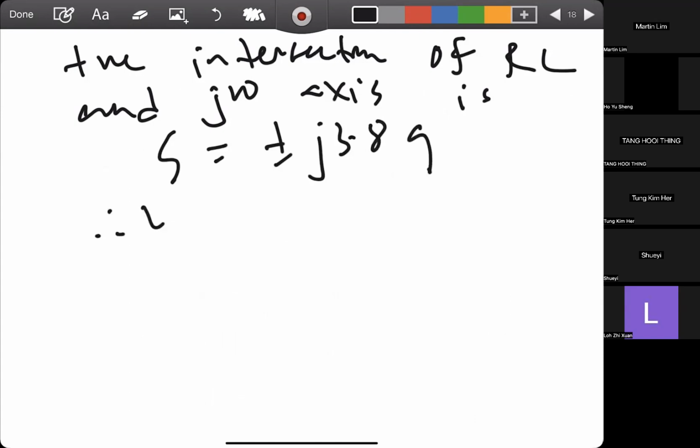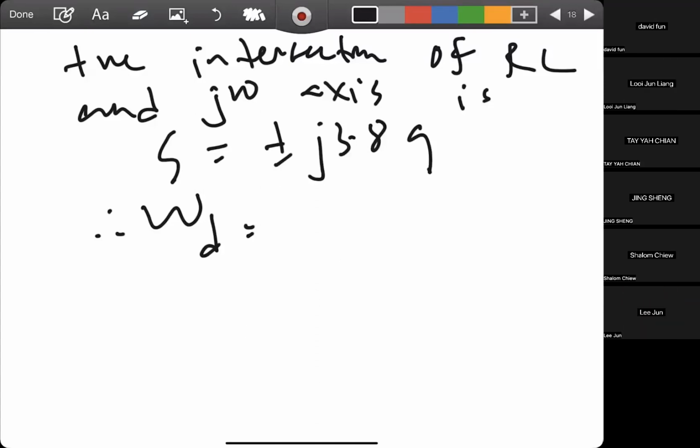So what is the omega d, the frequency of omega d? What is the omega d, the damped natural frequency, if the intersection is 3.89?